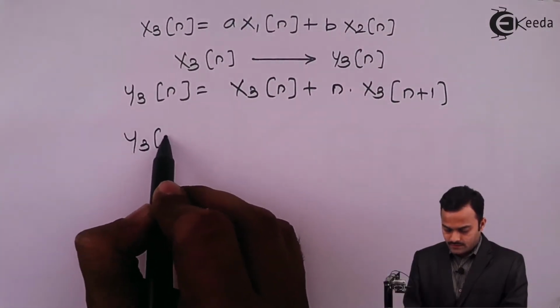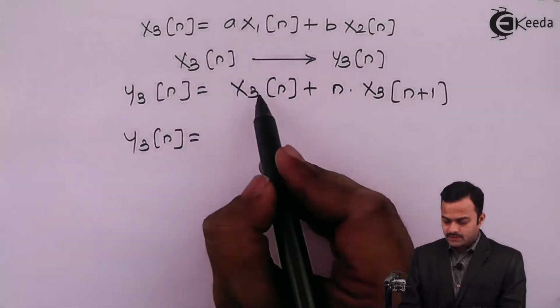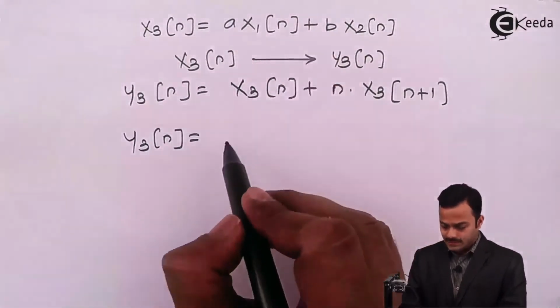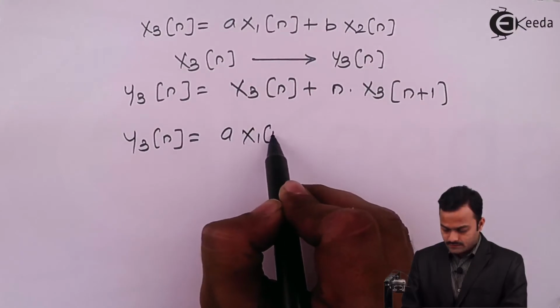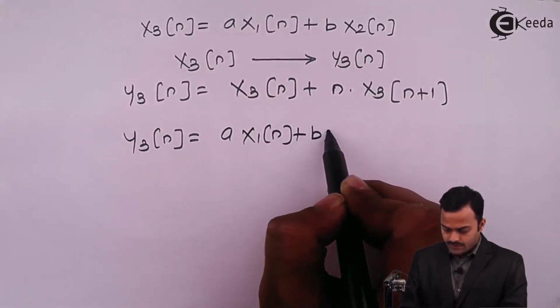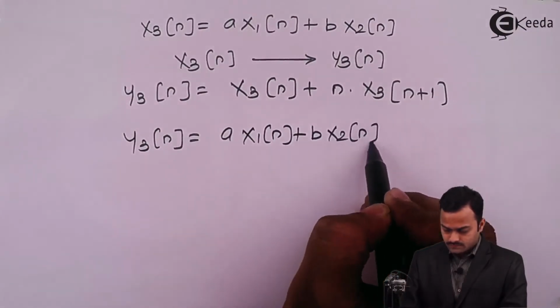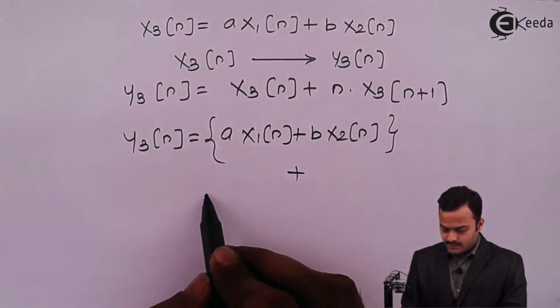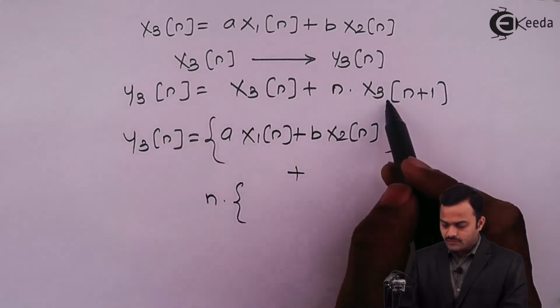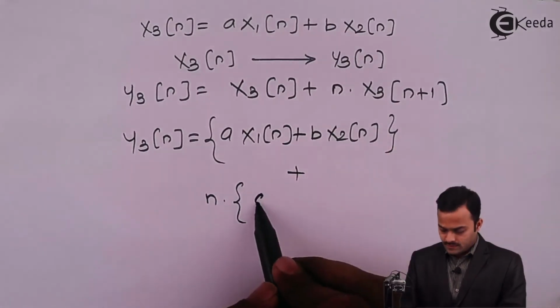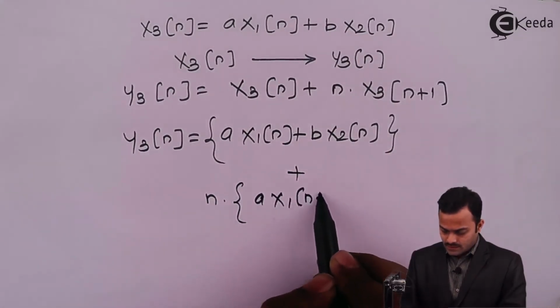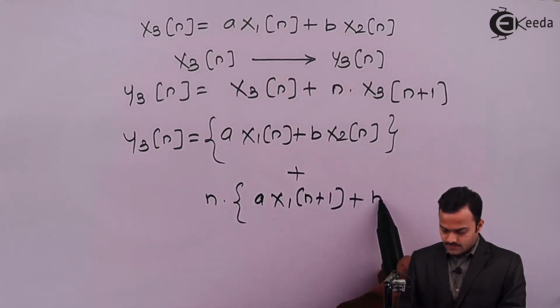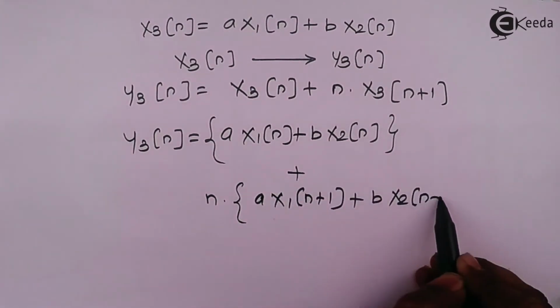So y3n I obtain, see x3n as it is, that means it is a times x1n plus b times x2n, that need to be added with n times shifted version of this. So it is a times x1 n plus 1 plus b times x2 n plus 1.